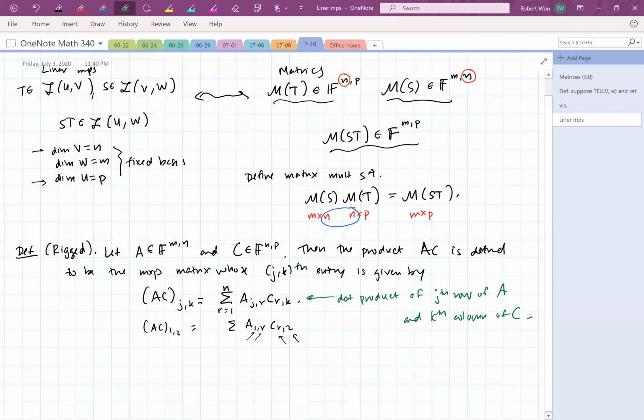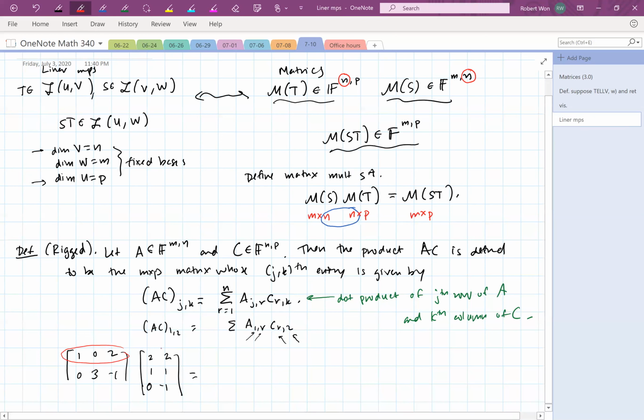Which is the definition for matrix multiplication that you should remember from 308. You take two matrices like this. How do you compute the resulting matrix? The first thing you do is take the first row and dot it with the first column. That gives you the entry in the 1-1 spot, so that's 2.